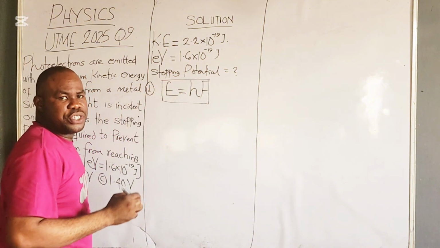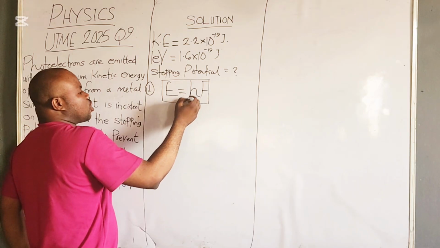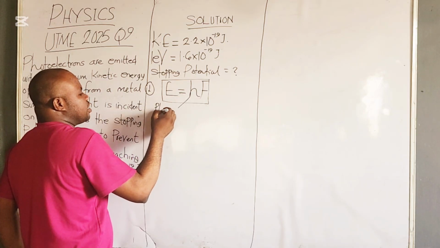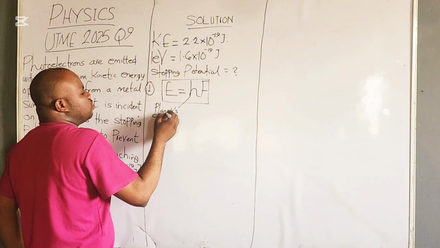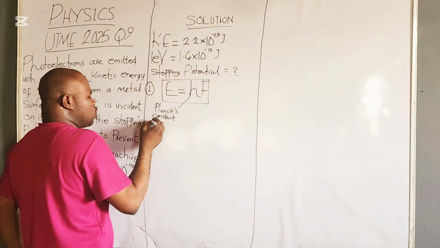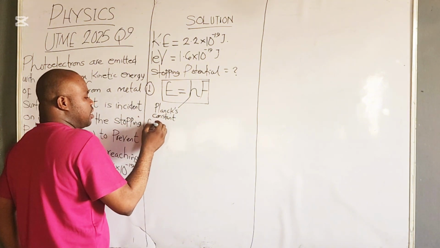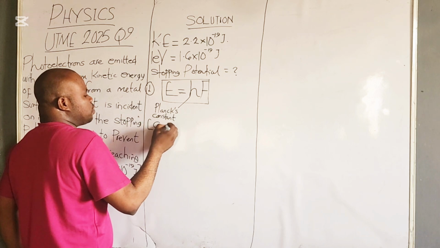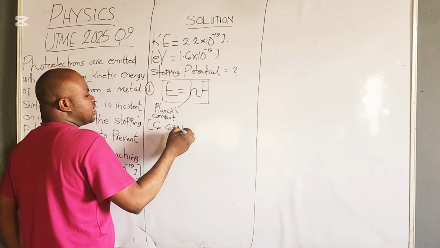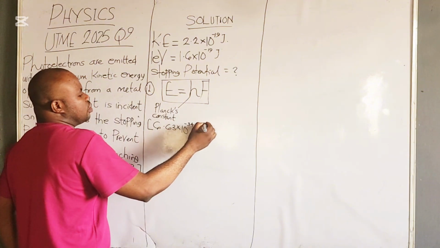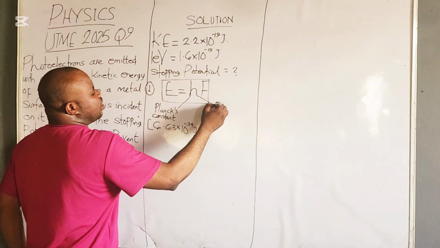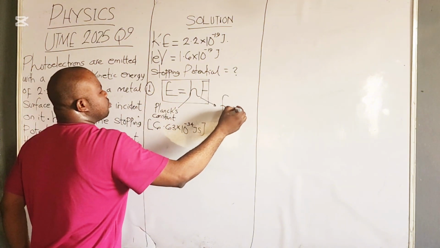That is the starting point, where h is called Planck's constant. You'll be given the value in the exam, but should you not be given, you're supposed to know the constant: 6.63 times 10 raised to the power minus 34 joule seconds. This f here is your frequency.